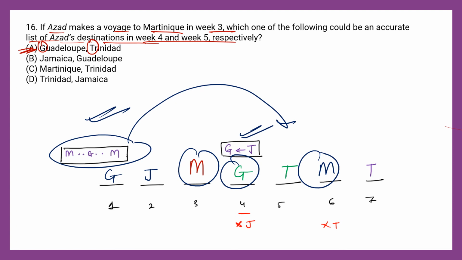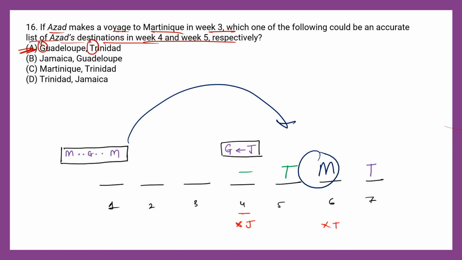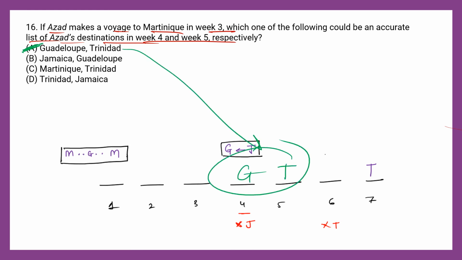You have the J and the G, this also works. So A is working out, right? So A is a possible right answer. You put G and T as is given in option A, and it turned out to be okay. But we look at the other options too.